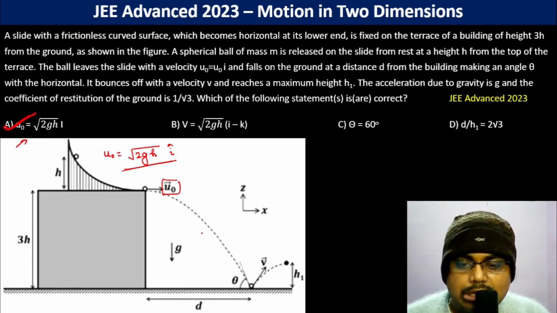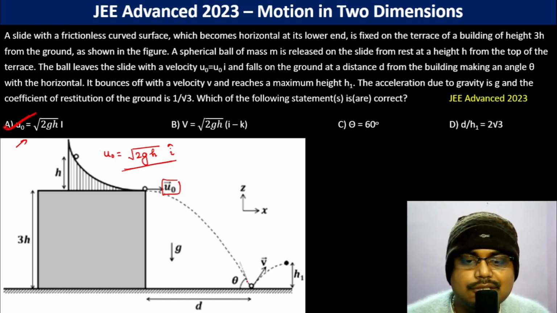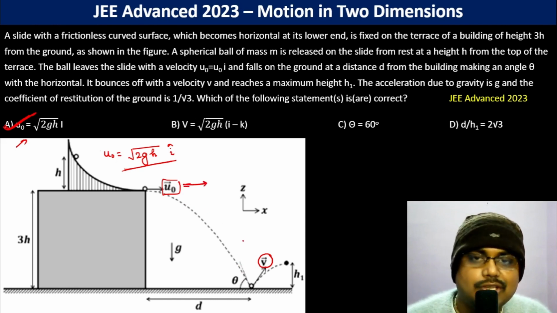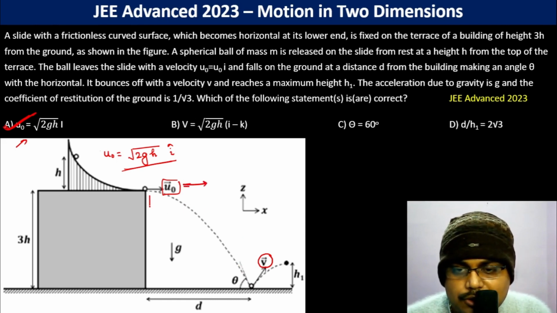Now it strikes the ground and then bounces off with a velocity v. When it is striking, the horizontal velocity is not going to change, but let us talk about the vertical velocity. Here uy is 0 and s is 3h.